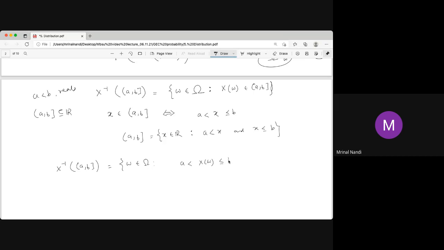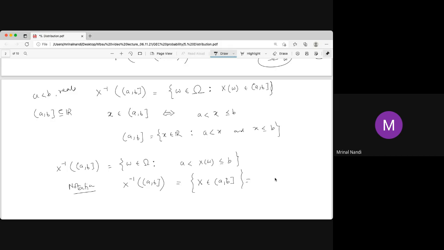Sometimes, by notation, we write this set as X belongs to this. So X belongs to this means it is just this set, X inverse of this.